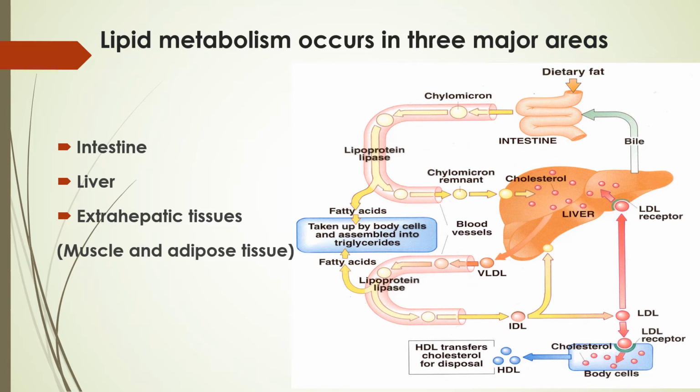The lipid metabolism occurs in three major sites or three major areas. First of which is the intestine, where the chylomicrons are formed. Second is the extrahepatic tissues, where lipoprotein lipase acts on very low density and low dense lipoproteins, and high dense lipoproteins are assembled.